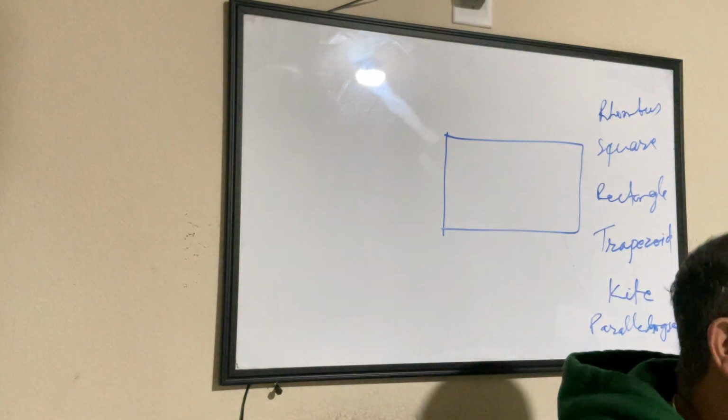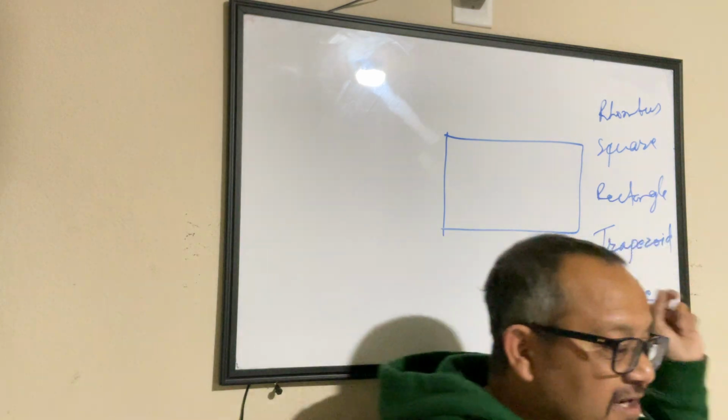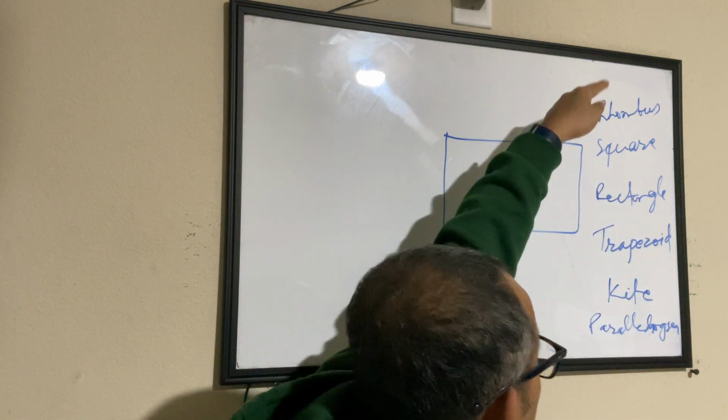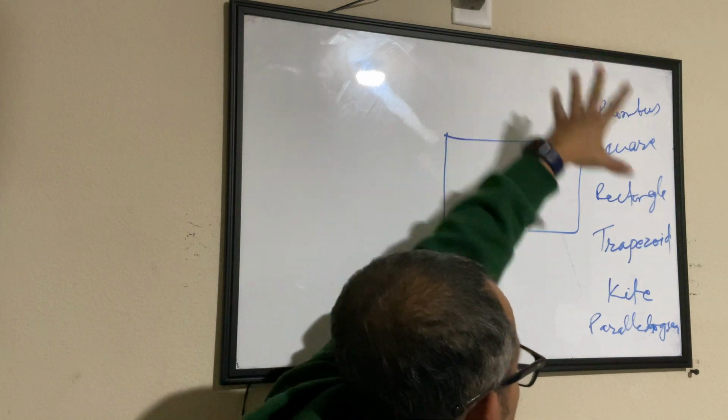Like we said, triangle is the father of all the types of shapes which have three sides, and inside that you have equilateral, isosceles, scalene, acute angle, right angle, and obtuse angle triangle. Likewise, quadrilateral is the parent of all the types of shapes which have four sides and four angles. And these are shapes called square, rectangle, rhombus, trapezoid, kite, and parallelogram.